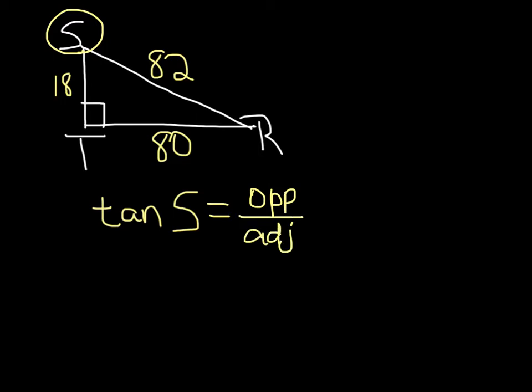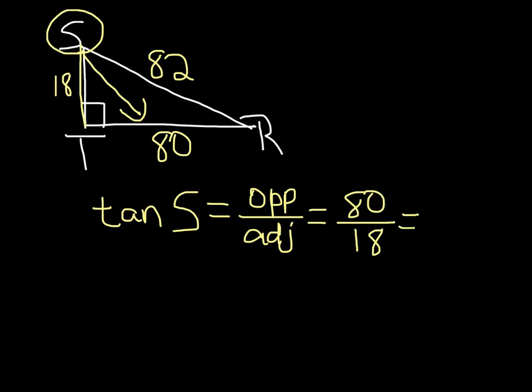If we come from angle S, the side that is opposite is 80 over the side that is adjacent, which is 18. Now, yes, there are two sides adjacent to S. You have this side that is 18 right here, and then the other adjacent side is the hypotenuse, so you can't use it. That is why.